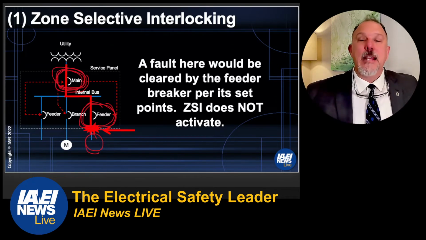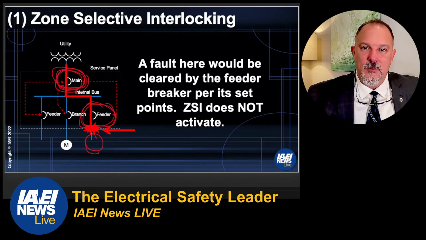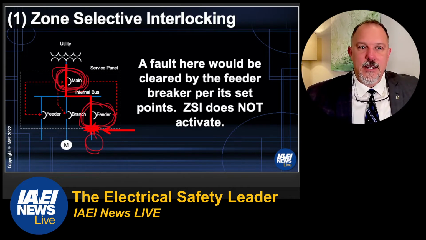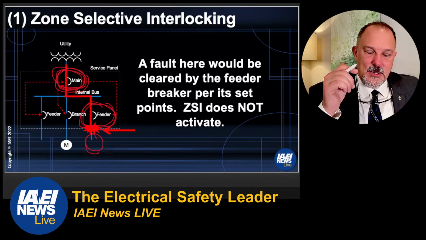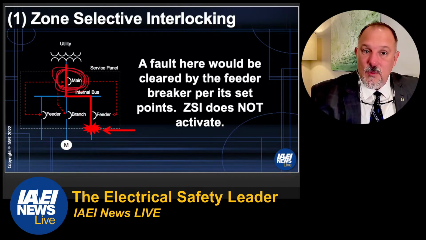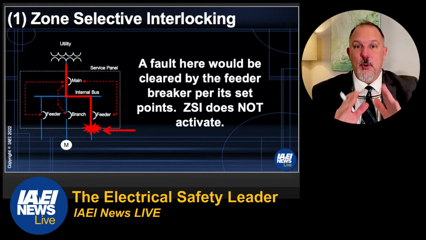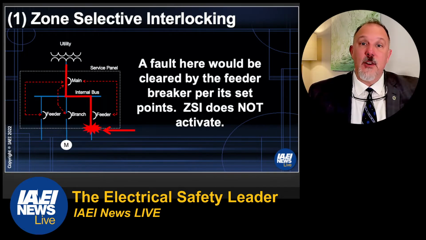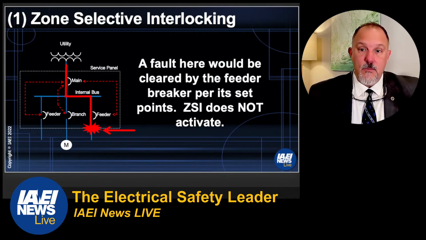You may not have had any goals with regard to selectivity, which is then perfectly fine. But that is case one. So in case one, the fault is downstream of both breakers, and zone selective interlocking does nothing for you. It does nothing.